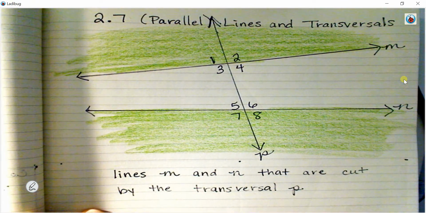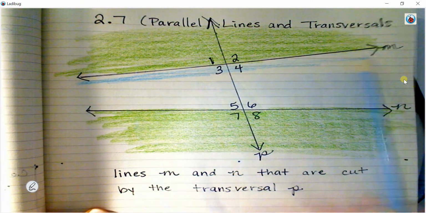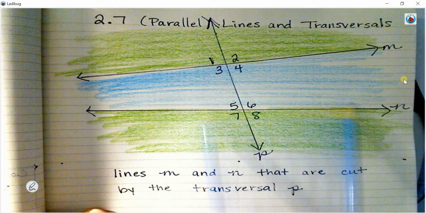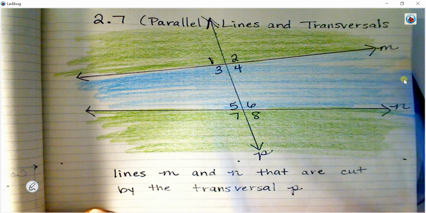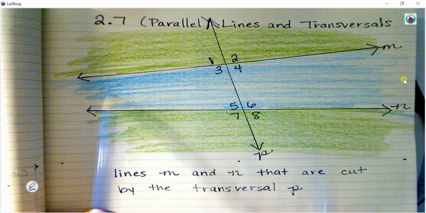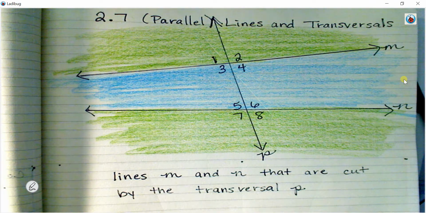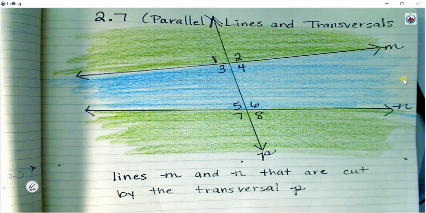Okay, and then I'm going to take a different color. I'm going to shade in between my 2 lines. So what I've now done is I've color-coded some very basic types of lines.